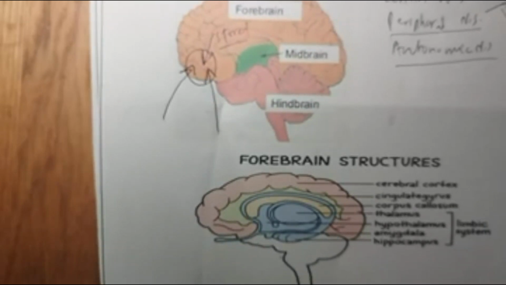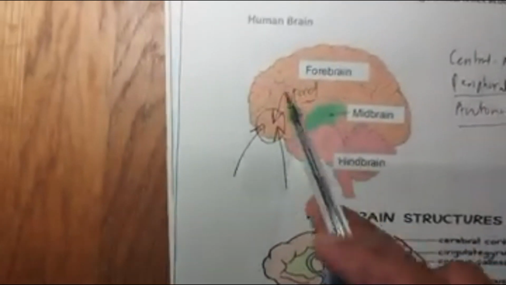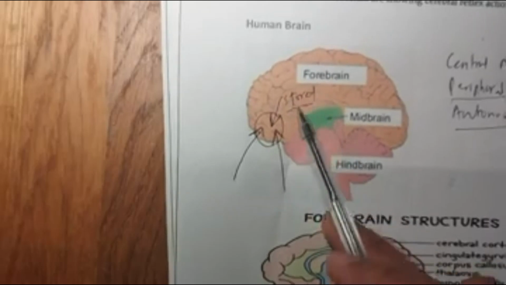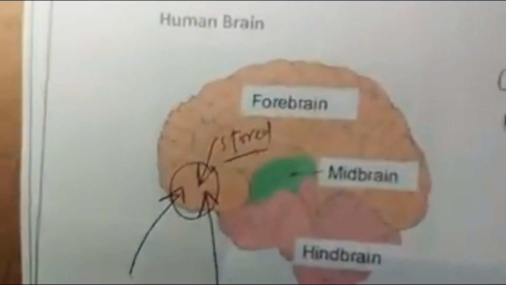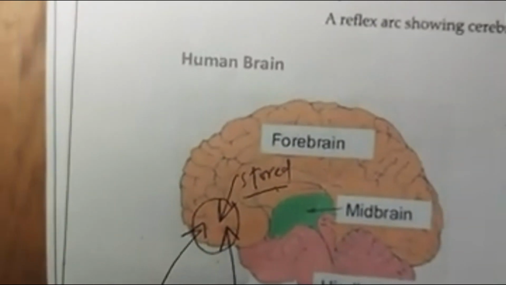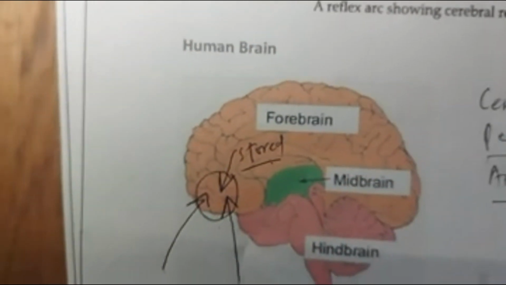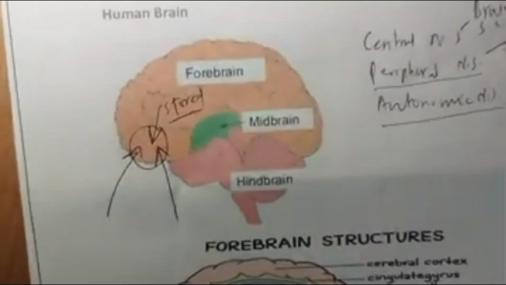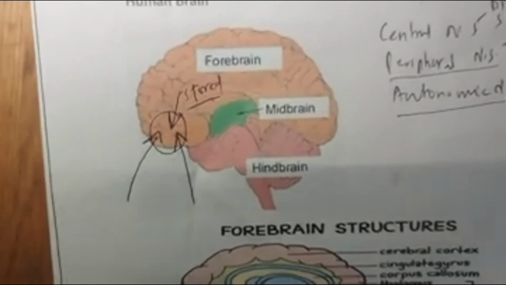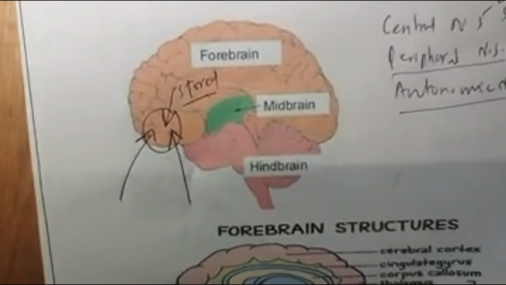These are called satiety centers in the brain, and these separate functions are done by areas in the forebrain. These associated centers lie in separate parts of the forebrain. Now the next part is that they want you to study the different parts of the brain in the labeled diagram that's given in the book.